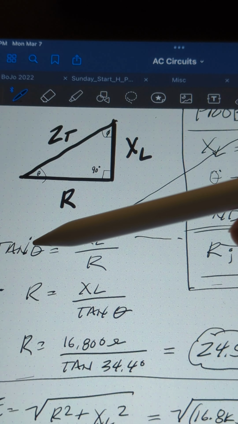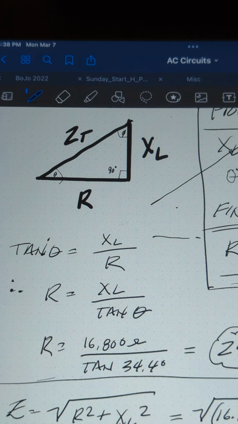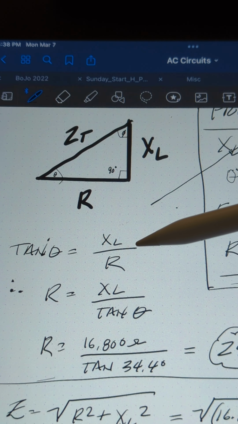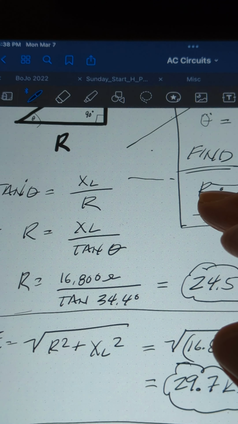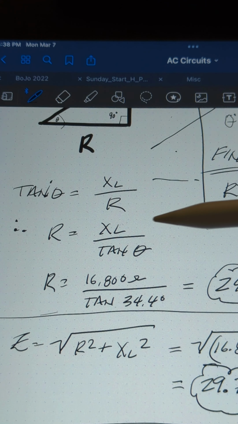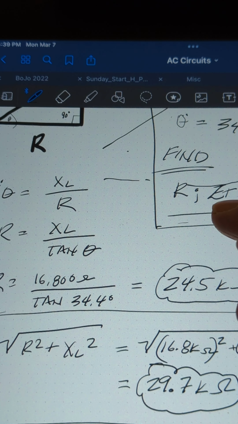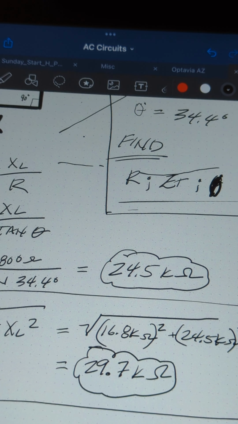Tangent theta is going to be the ratio of X of L over R. If I'm solving for R, I just swap R and tangent theta. Taking our given value, 16.8 k ohm, and dividing that by the tangent of 34.4, we come up with a resistance of 24.4 k ohm.